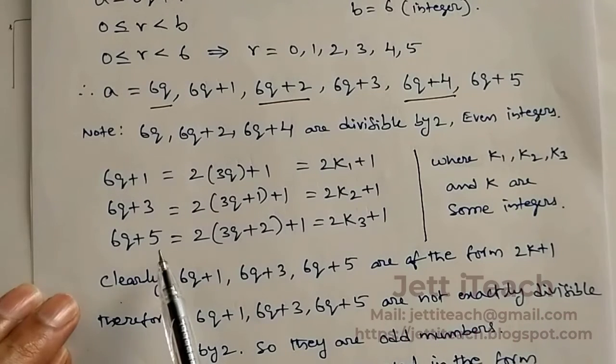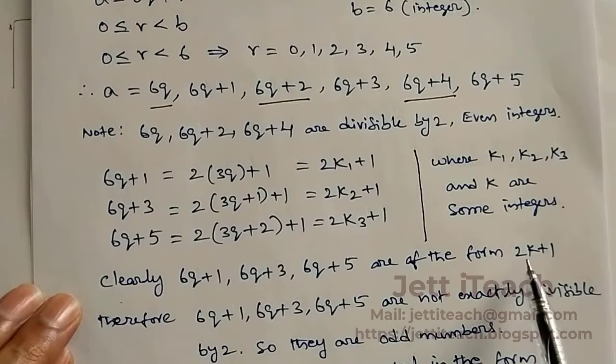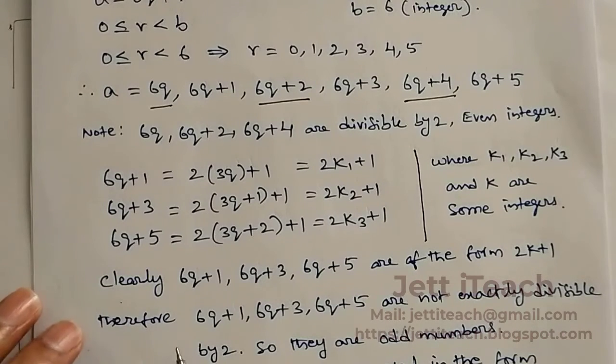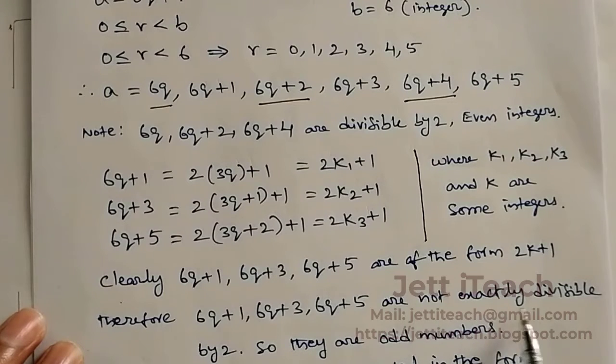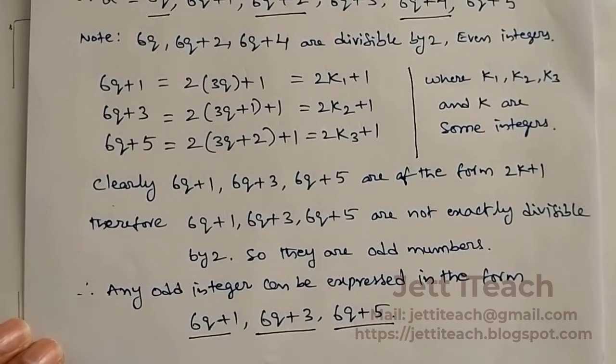I have taken the other integers. The other integers I wrote in 2k plus 1 form. Therefore, these terms are not exactly divisible by 2. Why? They are in 2k plus 1 form. So they are odd numbers or odd integers. Any odd integer can be expressed in the form 6q plus 1, 6q plus 3, 6q plus 5. So this is what we needed to show.